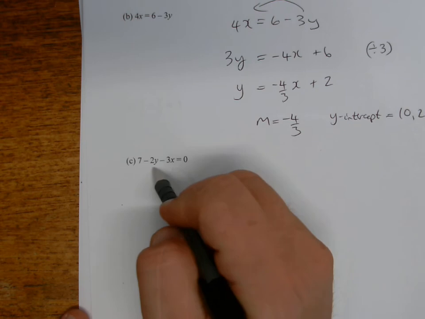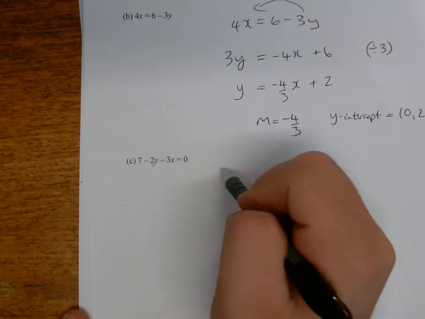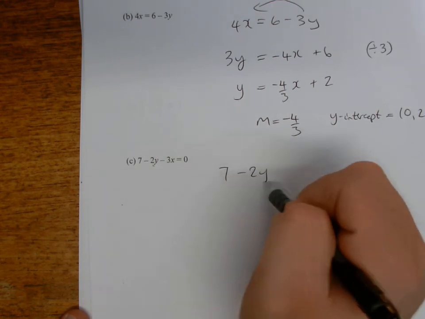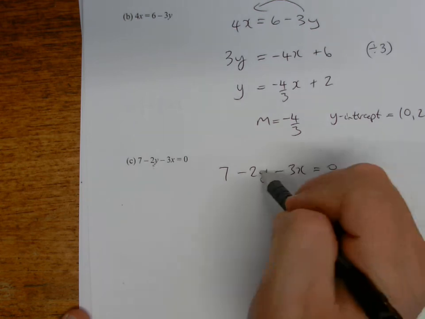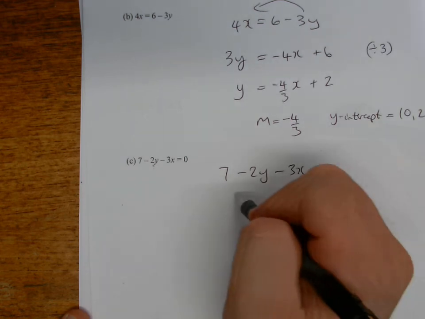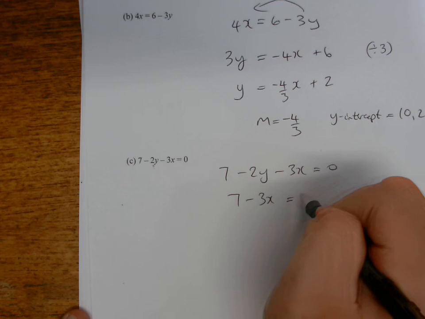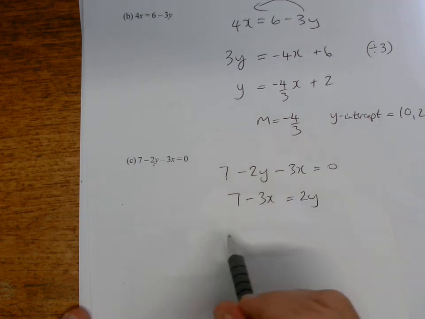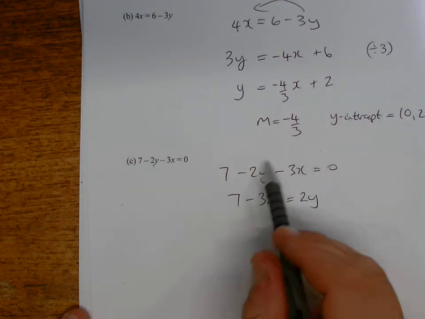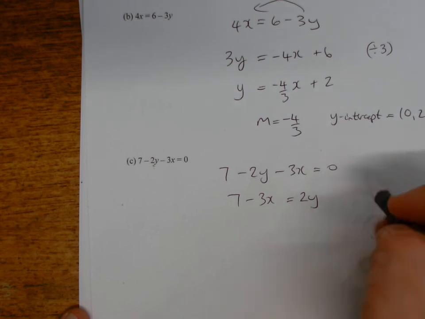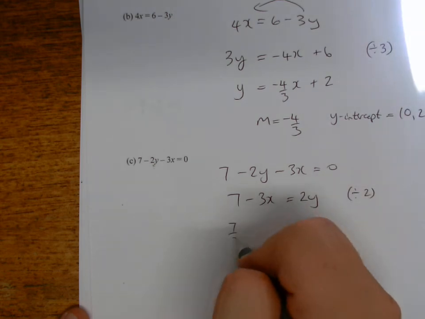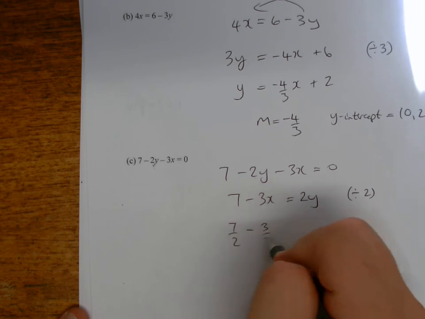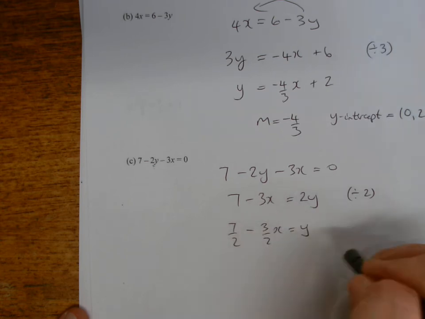Okay, so let's look at this one. In this case here, I think what might be easier is if I take the minus 2y over that side. That would be easier, wouldn't it? Take it over that side, becomes a positive, and then divide through the whole thing by 2. If I divide that by 2, I get 7 over 2. Divide that by 2, I get 3 over 2, and I get y there.